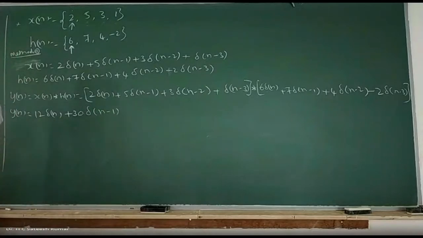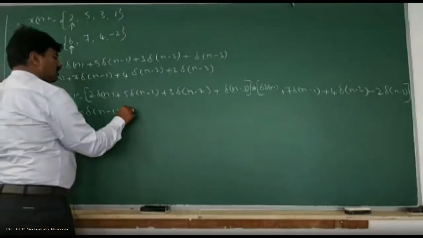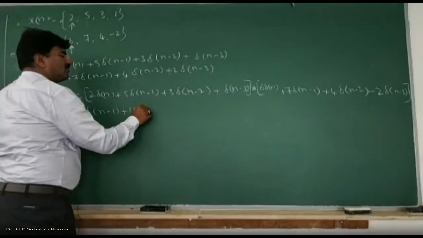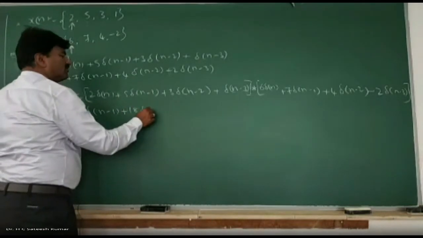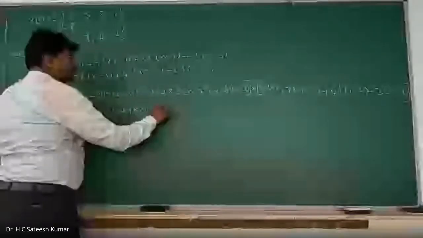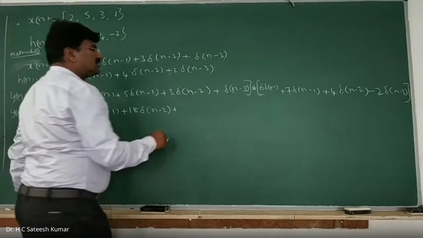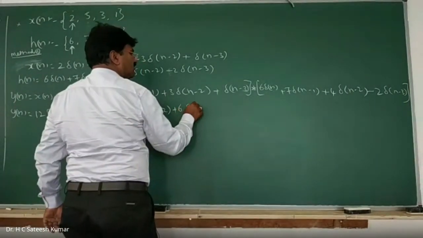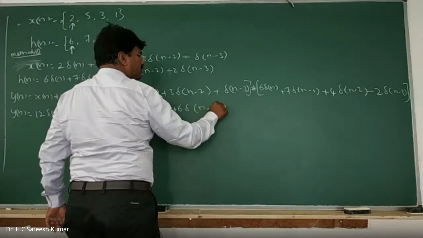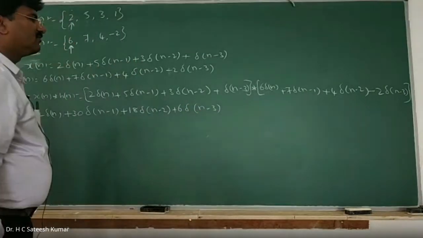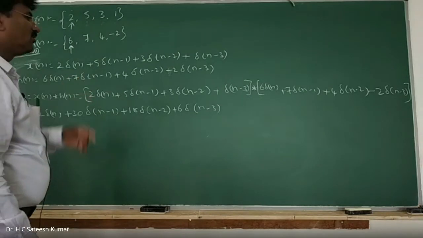Next, 6 into 3, 18 delta of n minus 2, plus 6 delta of n minus 3. First term over. Go for the second one.